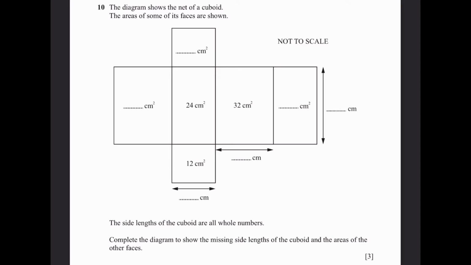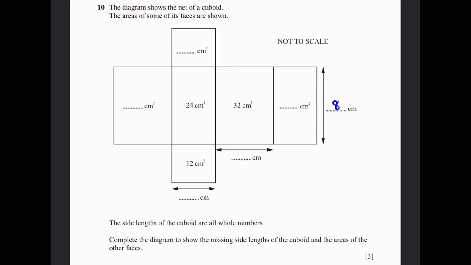So first let's take these 2 areas of cuboid faces. Both of these have the same length over here. So these 2 will be in proportion. Because 8 is the highest common factor of 24 and 32, we can take that side length as 8 centimeters.